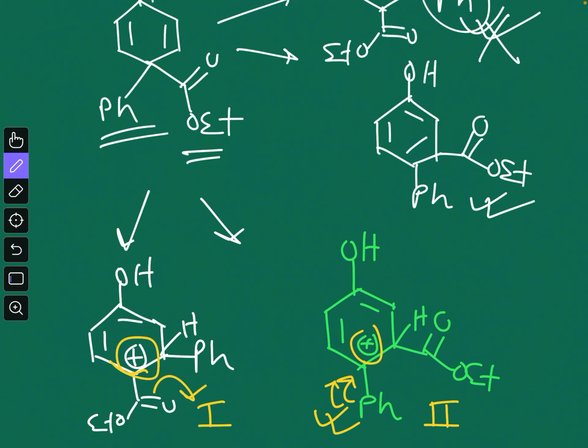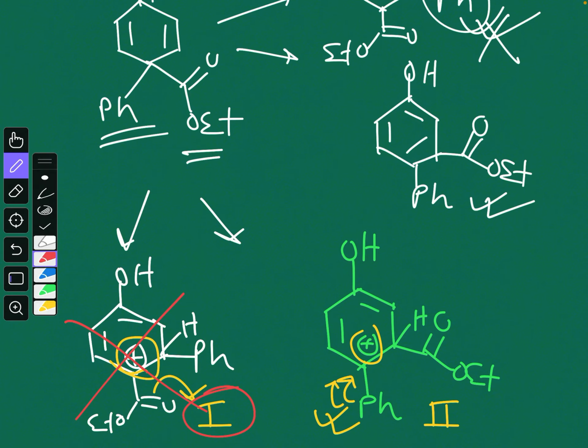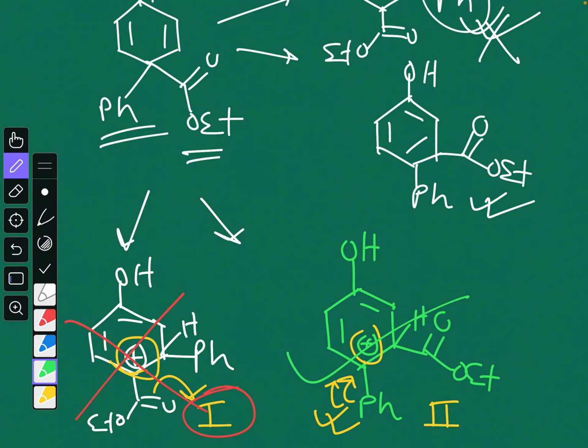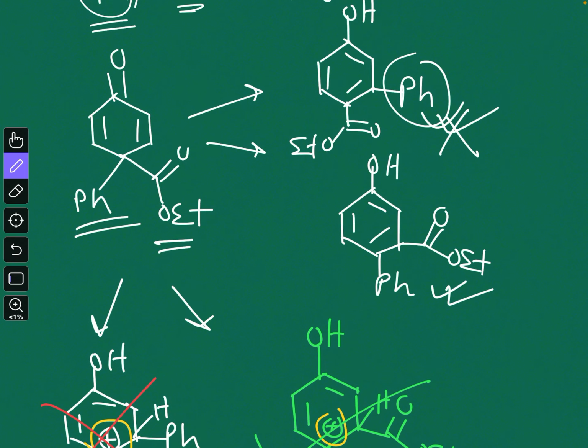So that means intermediate 1 is very much unstable, and that's why the reaction will not go through this, but it will go through this. And if it goes through this, you will get this as your product. So this example is very important.